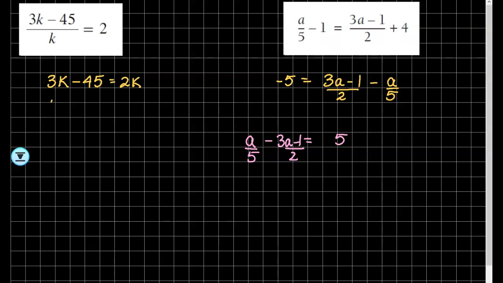Hamish, you might have gone, what's the number that 5 and 2 both go into? 10. And so you've times everything through by 10. So you would have got, times every single term by 10, and you can go 2a take 10 equals 15a take 5 plus 40.